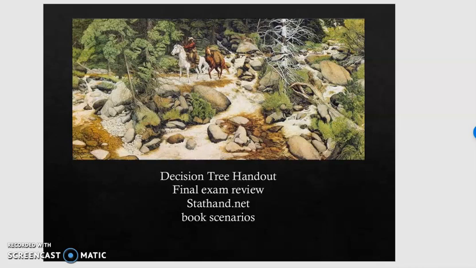So that's type 1 and type 2 error. I encourage you, for a lot of those bigger picture items that we had discussed prior to spring break, to review those review materials. I also have a decision tree handout for you to look at and fill in based on your knowledge of the study design.